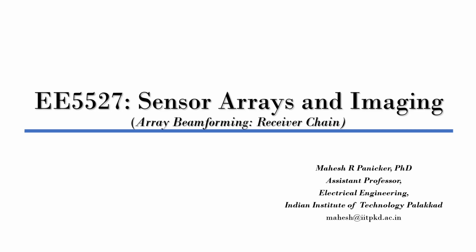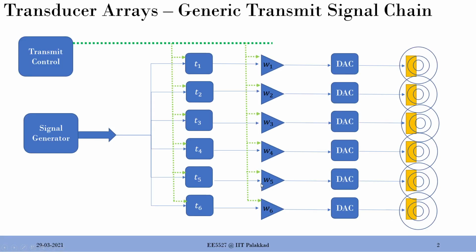And of course we also had a brief discussion on the electronic side of the transmit, and I will try to reiterate it again, because it's important to have that continuity. We have the arrangement of transducers or antennas, and they are excited by a digital signal in modern day imaging systems. You have a digital waveform, which will be delayed if it is a focus transmission, or tilted.